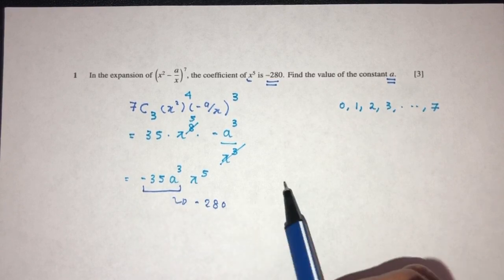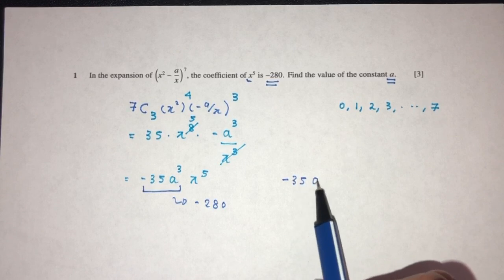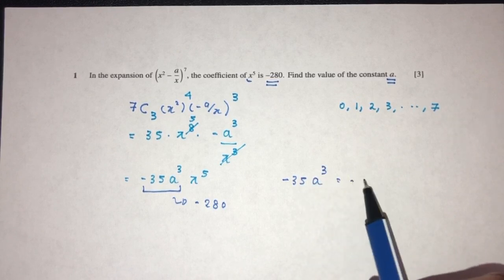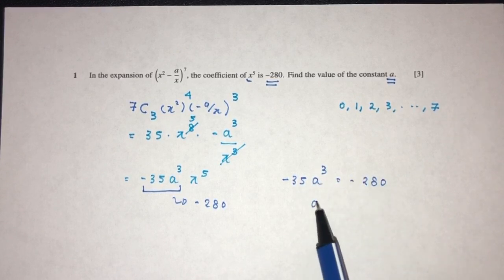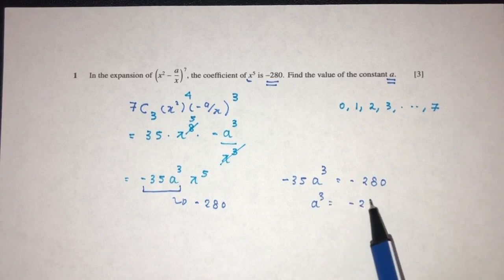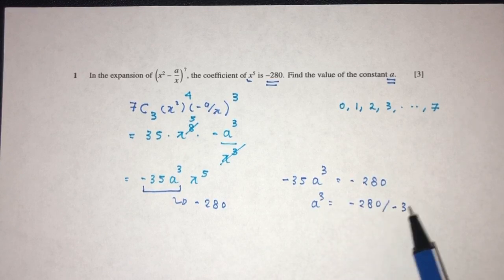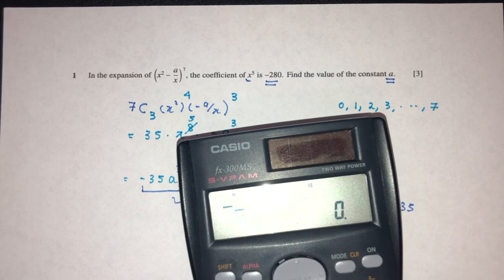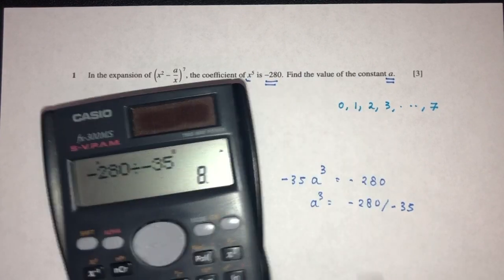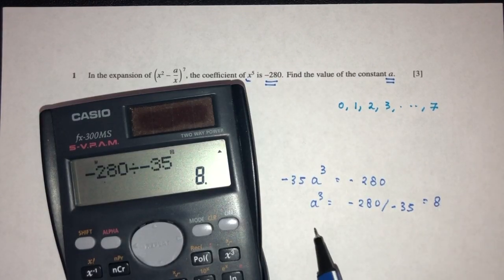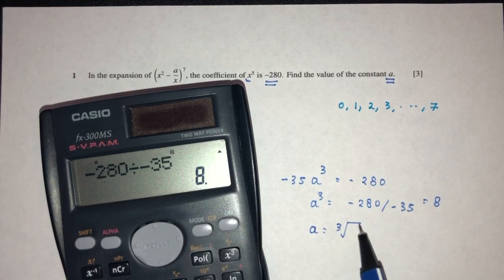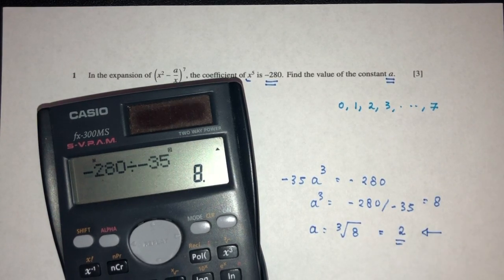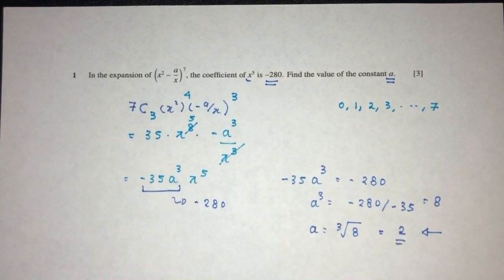So we just equate. So minus 35 a cube is supposed to be minus 280. So a cube is minus 280 divided by minus 35. That should be the value of 8. Hence, a will have to be the cube root of 8, and that should be 2. So find the value of a. a is the value of 2.